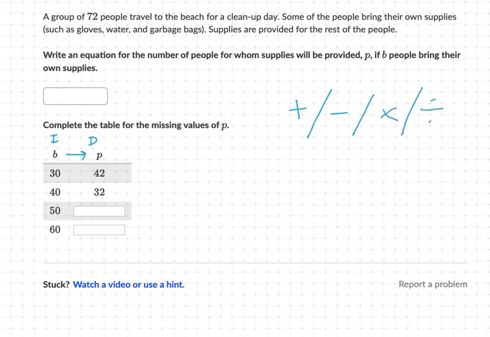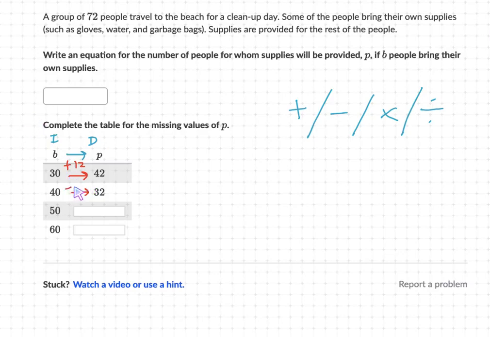Let's start with addition. Can we add to get to the amount? What amount will we have to add to 30 to get to 42? It looks like 12. Let's see if this works each time. We have to add 12 to get to 42. And then here, do we add 12 to get to 32?